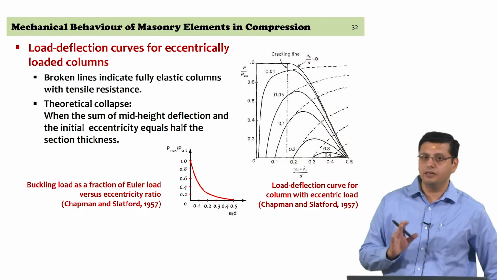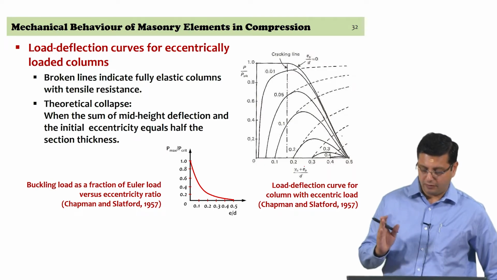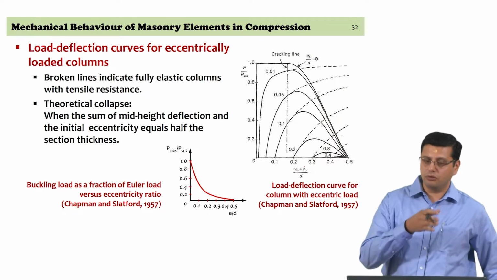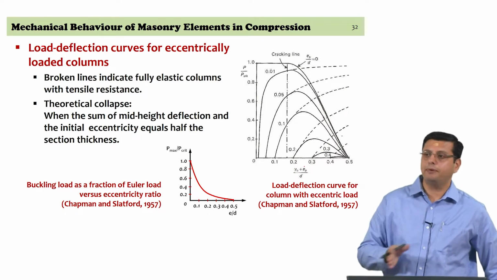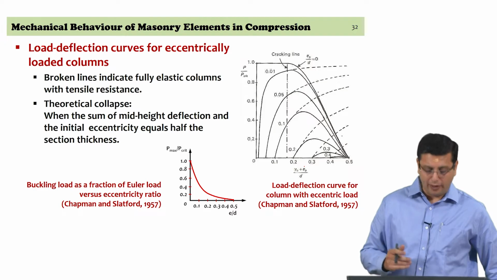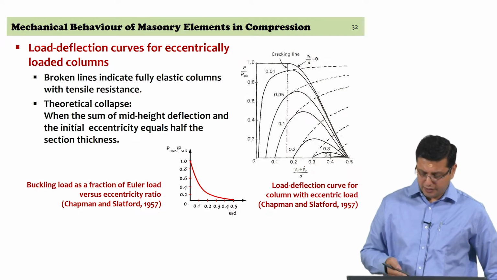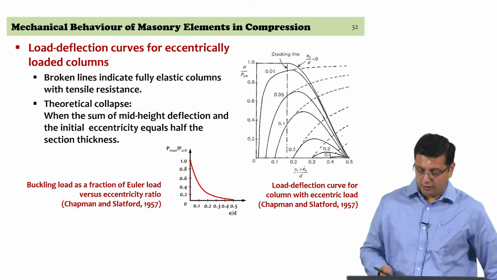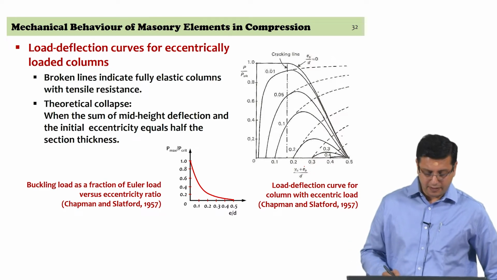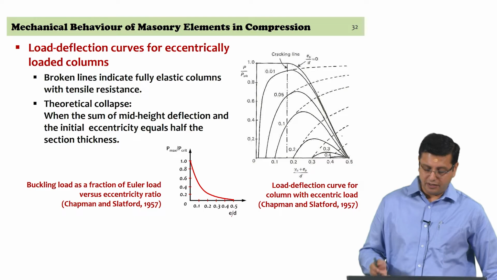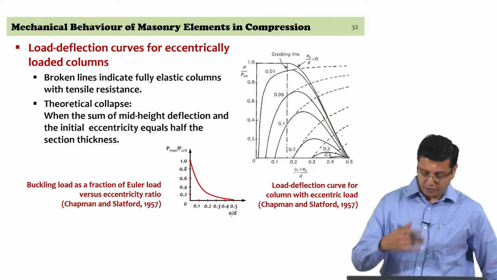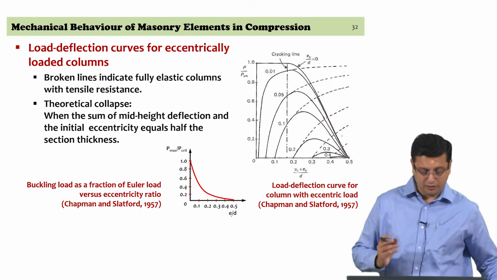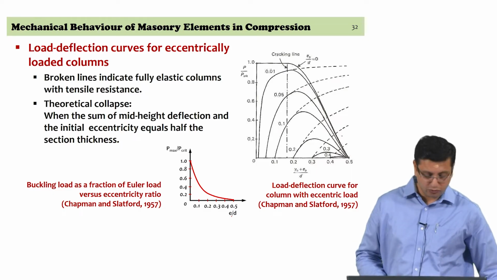Collapse is observed at this limit, and most codes would put a cap beyond this particular value. So, you can see again that at e by d, that is total eccentricity plus the mid height deflection, reaches 0.5, you have a reduction in the capacity coming right down to 0.